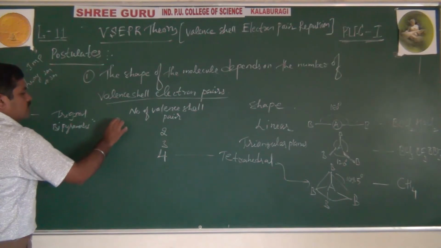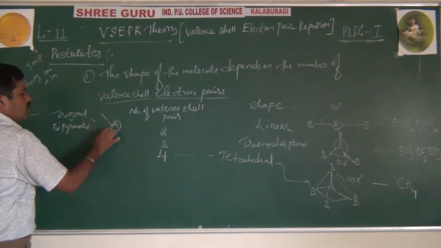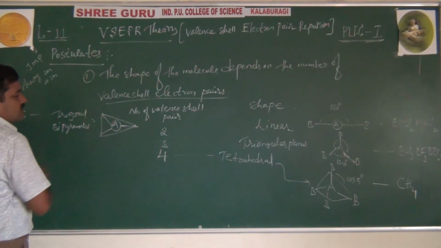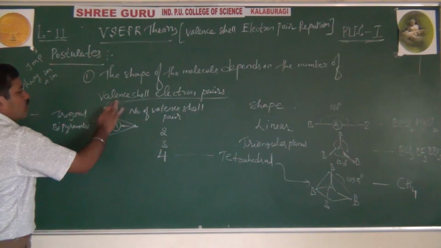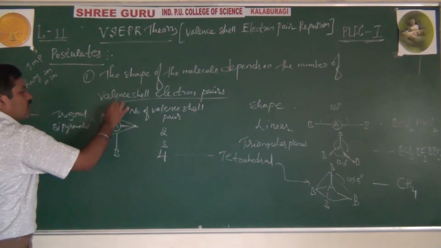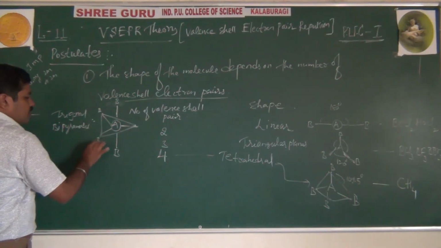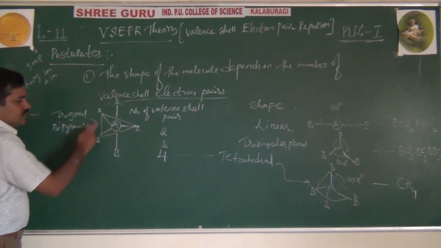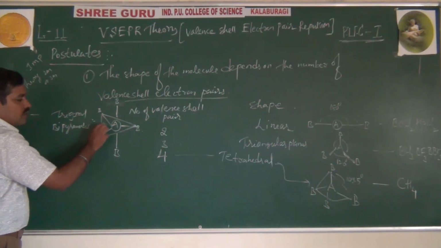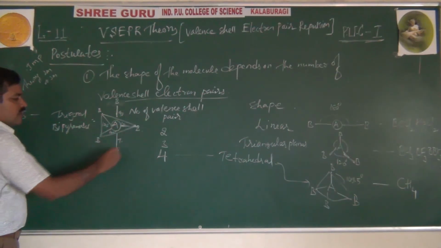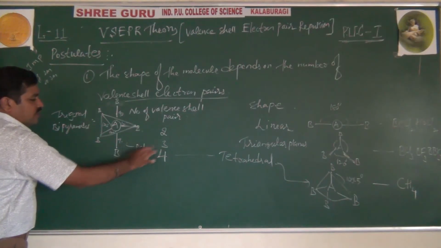Central atom A surrounded by B: 1, 2, 3, they are in the same plane, one above and one below. Just now we already studied hybridization, I will do it very easily. 3 bonds at 120 and 2 bonds at 90. Right? And again, give best example PCl5, phosphorus pentachloride.